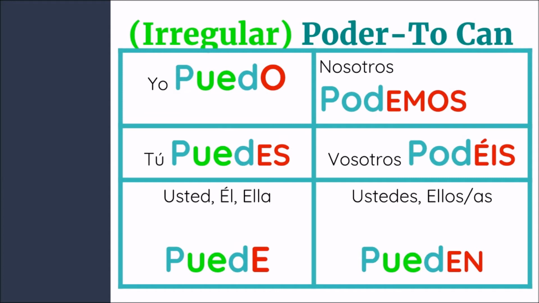Note that you only change the stem in the yo, tú, usted, él, ella, or ustedes, ellos, ellas form. Nosotros and vosotros stay the same. You might call that a shoe verb, because it looks somewhat like a shoe. Let's pronounce it. Yo puedo, tú puedes, usted, él, ella puede, nosotros podemos, vosotros podéis, ustedes, ellos, ellas pueden. One more time. Puedo, puedes, puede, podemos, podéis, pueden.